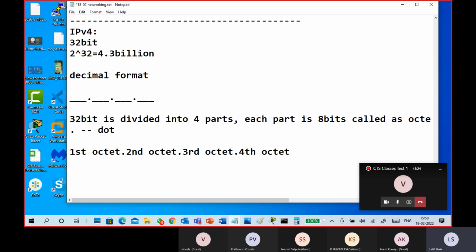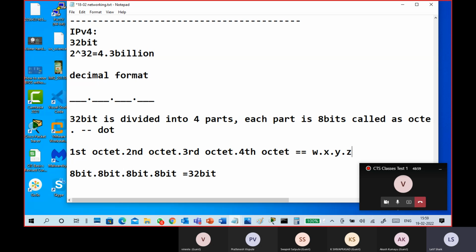Okay. Each one is 8 bit, 8 bit, 8 bit, 8 bit. So totally 32 bit. Each part is an octet. Now some people use this kind of notation: w, x, y, z. In certain textbooks and videos, you may see w, x, y, z. So guys, don't worry, both are the same.